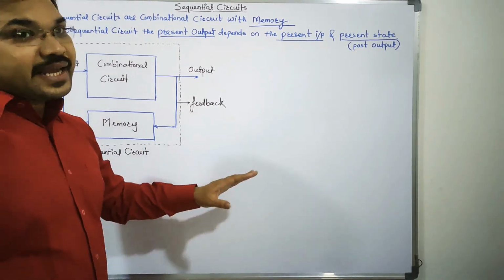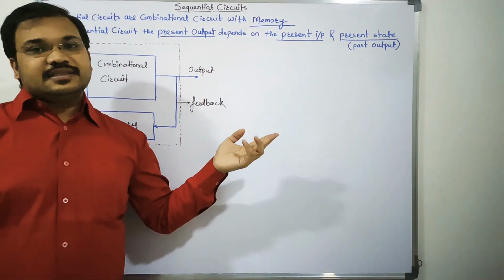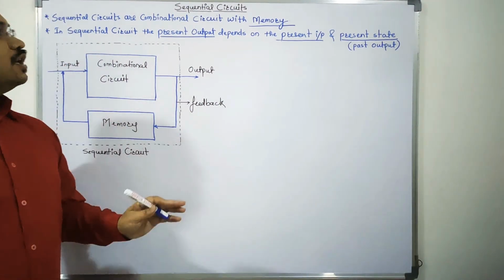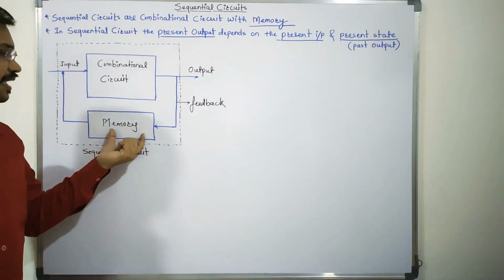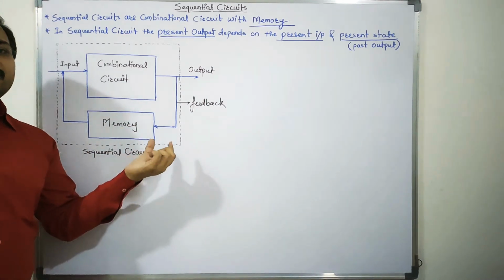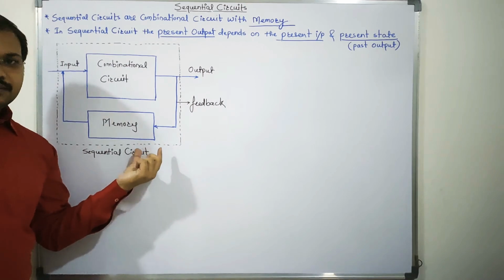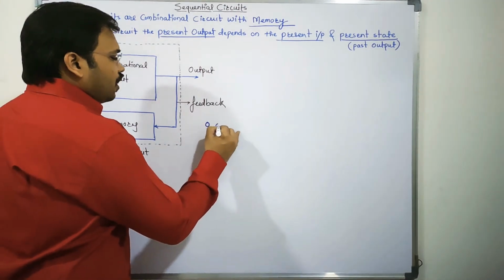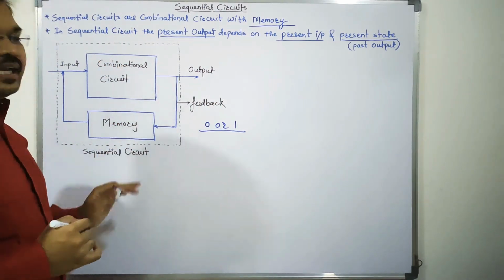We'll discuss flip-flops, registers and counters in detail in our next video. This is all about the introductory part. A flip-flop is basically a memory element that stores 1 bit of information.